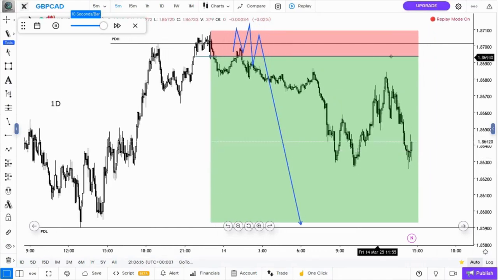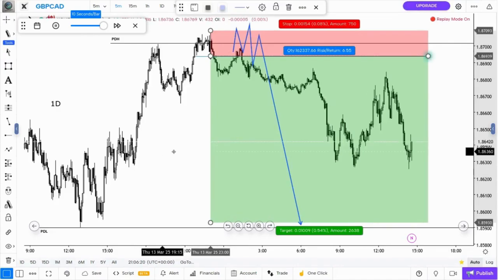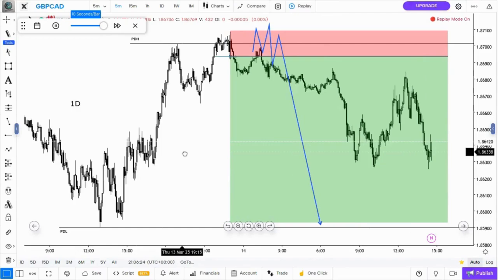As we can see, the price is still dropping. So guys, the price is going to sweep the previous daily low candle.